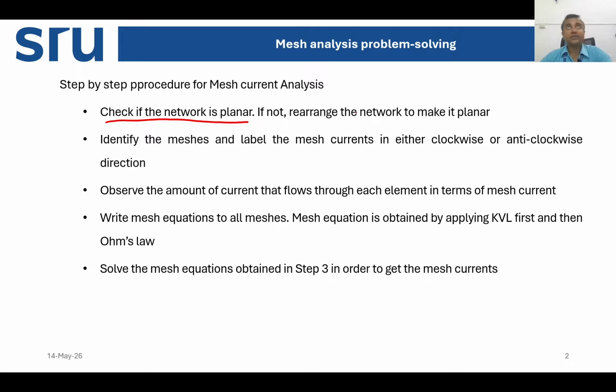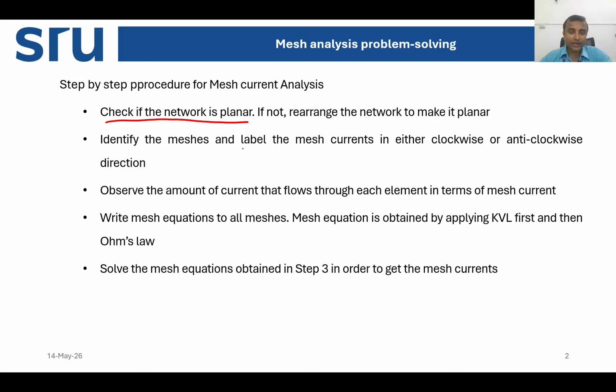In the previous video we did not mention that there might be a circuit which is 3D, and then it is very difficult to apply mesh analysis because the current we are considering is always two-dimensional. So check whether the circuit is planar or not. If not, then we have to make it planar. For the examples we are doing, it is always 2D, so we don't have to worry about the 3D and 2D differences. But if it is not 2D, then we have to make it 2D.